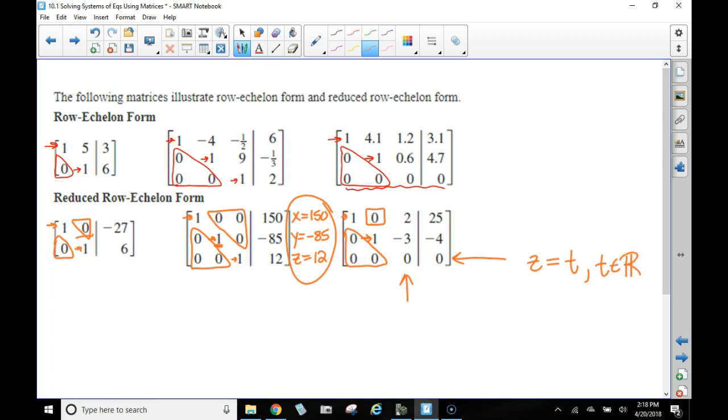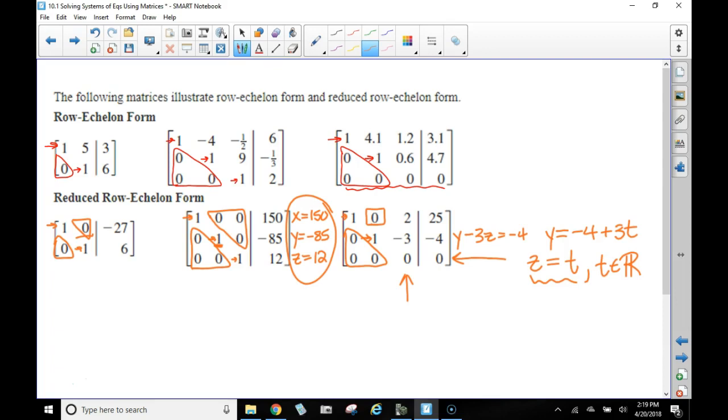Then you would use some back substitution to find what y is. Now this equation here says y minus 3z is equal to negative 4. If you solve for y, y is going to be equal to negative 4 plus 3z. But don't write a z; write what z is equal to here, t.